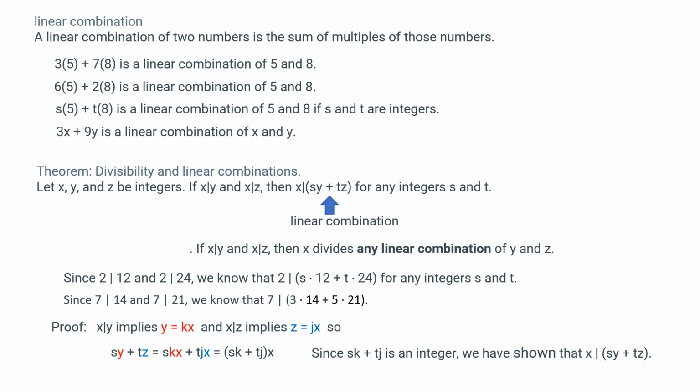So what we do is replace the y and the z with what we saw above, and then we factor out the x, and we see that yes, that linear combination can be written as a multiple of x. As long as something can be written as a multiple of x, where that multiple is an integer, then we know that x divides that thing. So we've shown that x divides a linear combination.